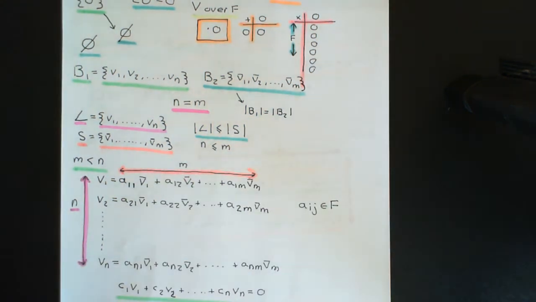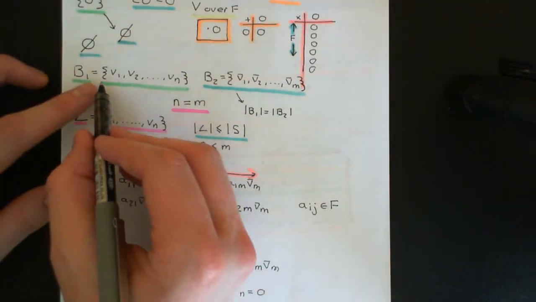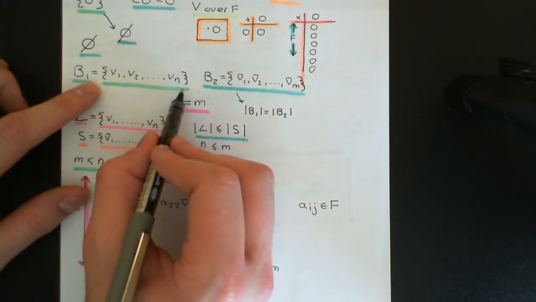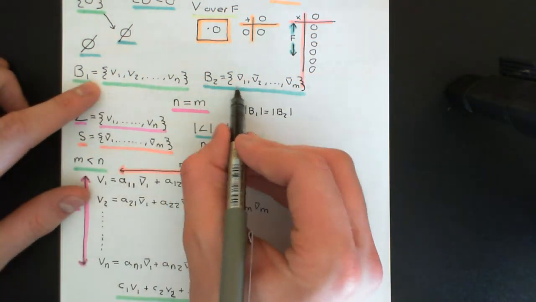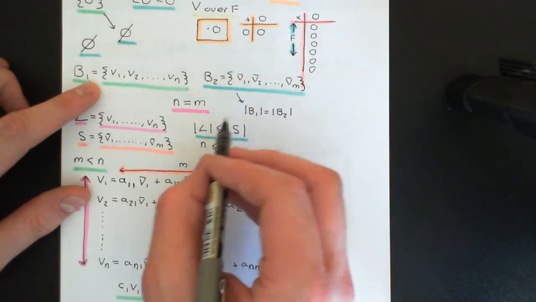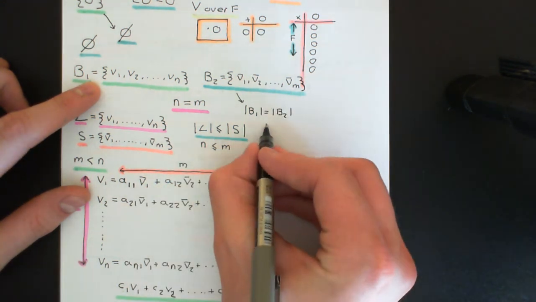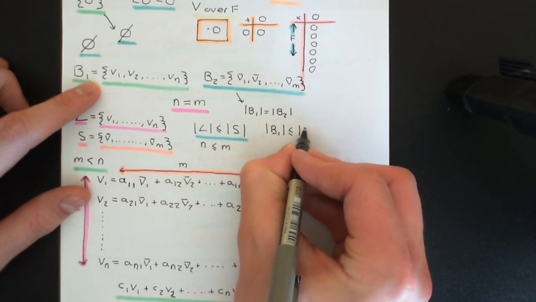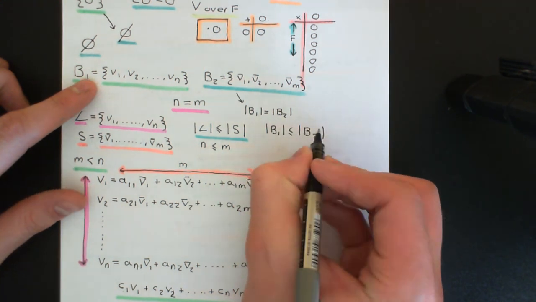Well, it's so beautiful. B1 is a basis, so it is a linearly independent set of vectors. B2 is a basis, so it spans the entire vector space. So we can now apply this theorem to say that the order of B1 is less than or equal to the order of B2. I'll repeat that.